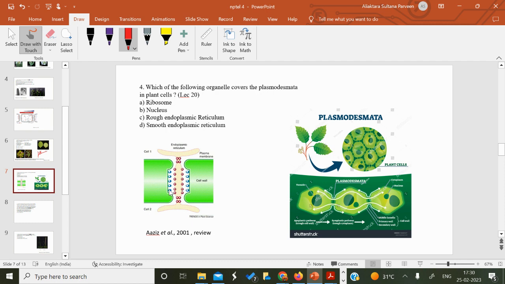So it has to pass through a lot of layers to move from one cell to another. So instead of that, there are certain channels which make it easy for certain molecules to move from one cell to another. That is known as plasmodesmata, and it is anatomically made up of endoplasmic reticulum. So that network, endoplasmic reticulum, networks over the cells, and this is the smooth endoplasmic reticulum.